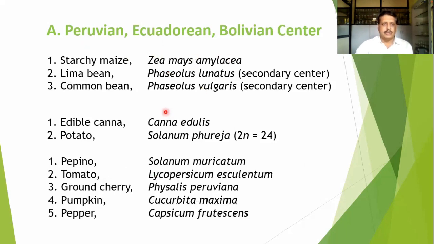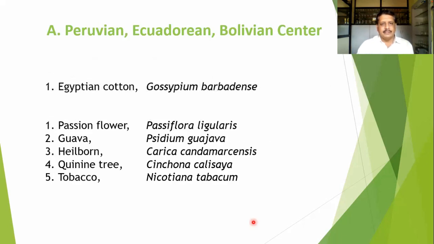Then Phaseolus lunatus, Phaseolus vulgaris, Canna edulis, Solanum species, most of the members of Solanaceae and Cucurbitaceae can be observed and originated from this center of origin. Then many species of cucurbitaceous members can also be observed, particularly the Passiflora flower. Passiflora ligularis is common in those regions.